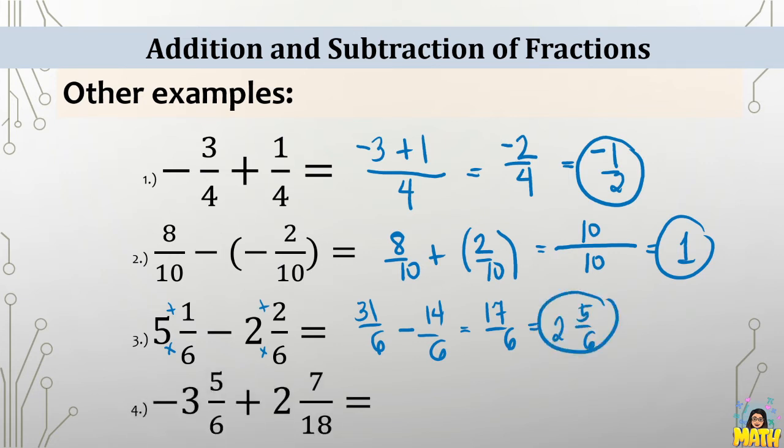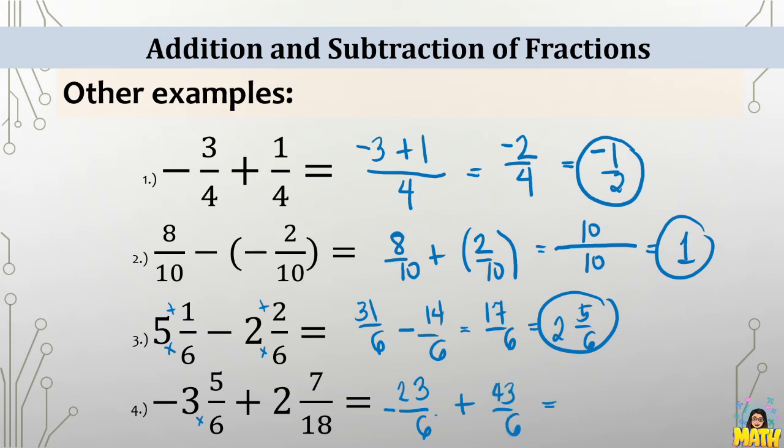And last, we have negative 3 and 5/6 plus 2 and 7 over 18. Again, let us rewrite the fractions into improper fraction. So here, 6 times 3, 18 plus 5. So that's 23 over 6. We copy the sign. Plus 18 times 2 is 36 plus 7, 43 over 6.